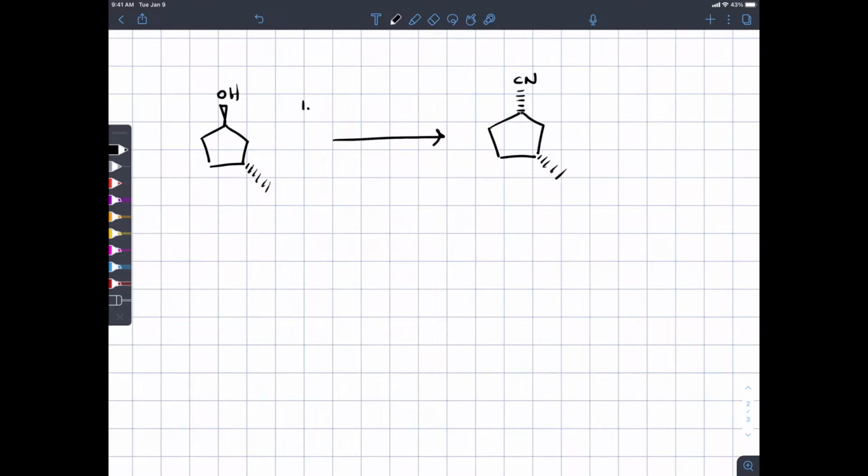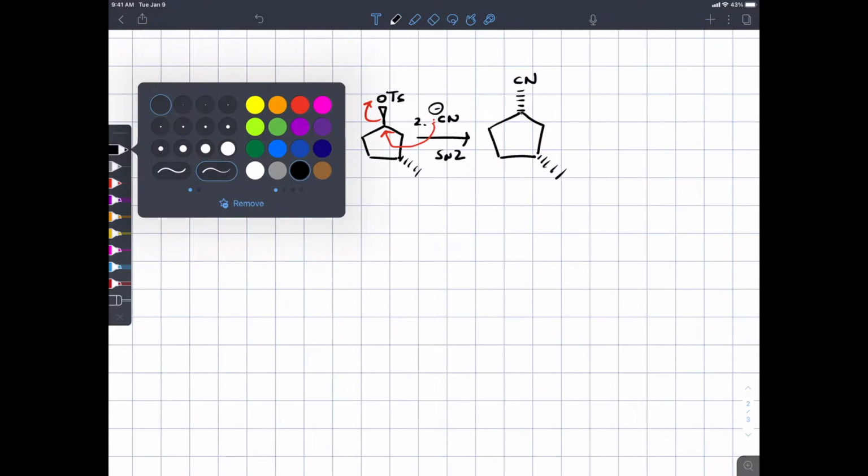Well, if I first converted the OH group into the tosylate using TsCl and pyridine, then I could turn the OH into a good leaving group without inverting stereochemistry. And then in a second step, I could use a nucleophile, CN-, to do the SN2 reaction where we would attack from the backside and we would get inversion of configuration.